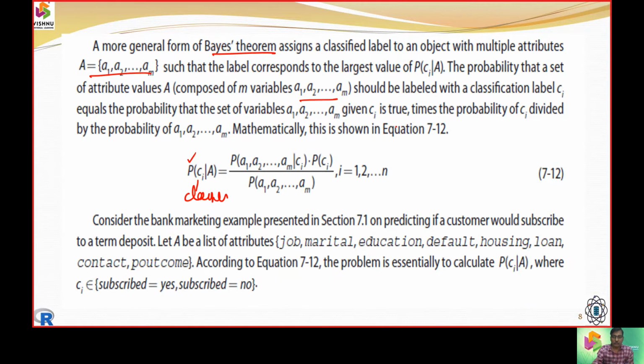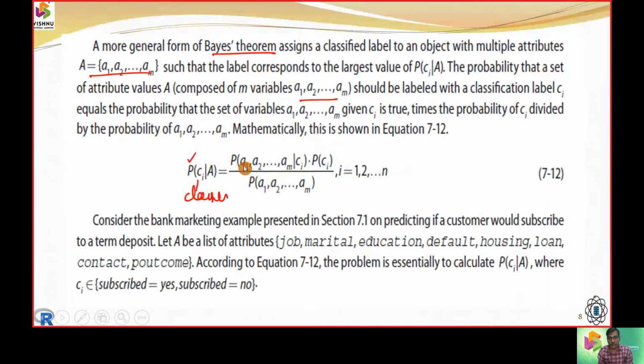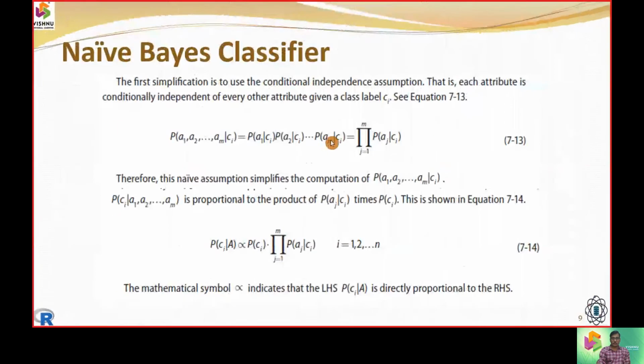Earlier we did it only for one or two attributes, but with multiple attributes, attribute 1 to attribute m, we have to repeat the process for each. So the probability of C_i given A is equal to the probability of A1, A2 up to Am given C into the probability of C, divided by the probability of A1 to Am, with the values 1 to n. This is the generalized format for Bayesian classification. Fine.